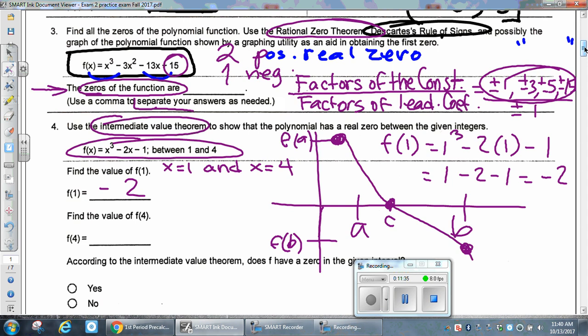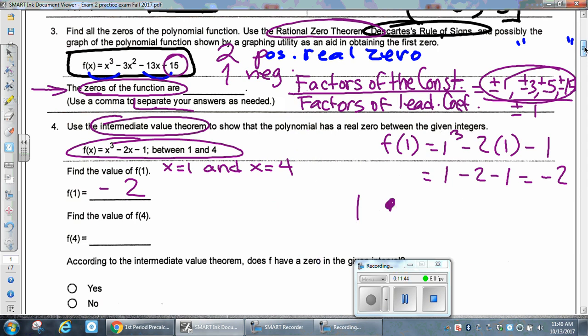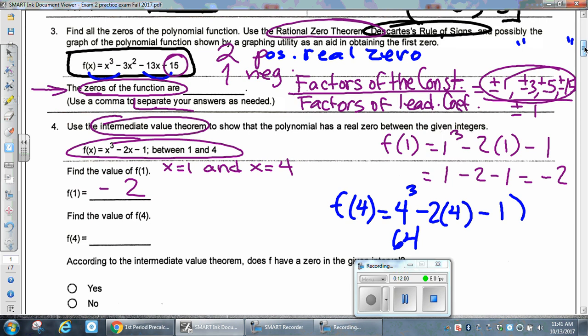Okay. Then we find f of 4. So that would be 4 to the third power minus 2 times 4 minus 1. And that will give me 64 minus 8 minus 1.